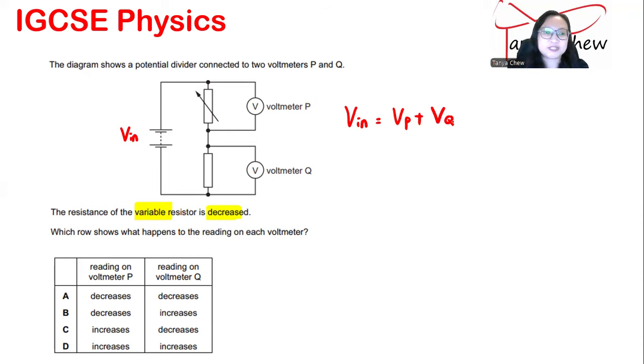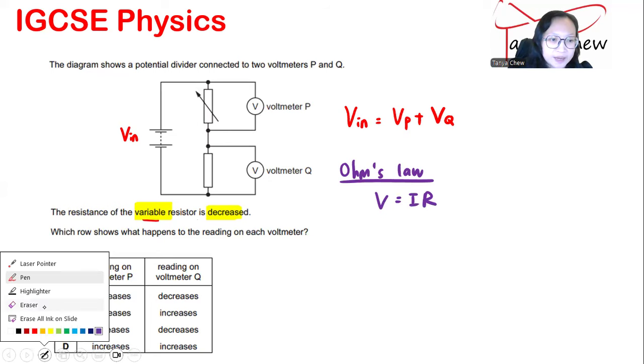And since they told you that the resistance of the variable resistor is decreasing, recall Ohm's law, George Ohm's. Ohm's law states that V is equal to IR. But in this case, you could see that this is what I call the main circuit.